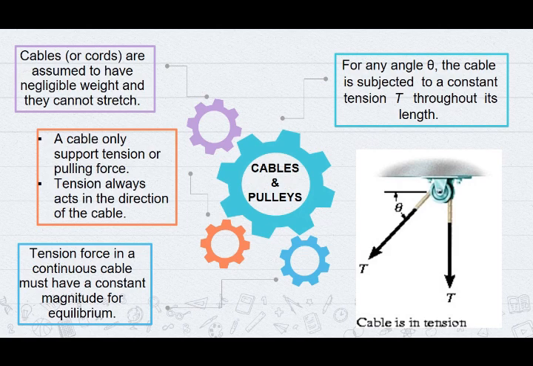Tension force in a continuous cable must have a constant magnitude for equilibrium. For any angle theta, the cable is subjected to a constant tension T throughout its length. You can see the example of a cable in tension.